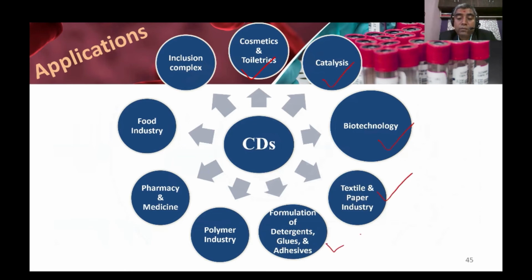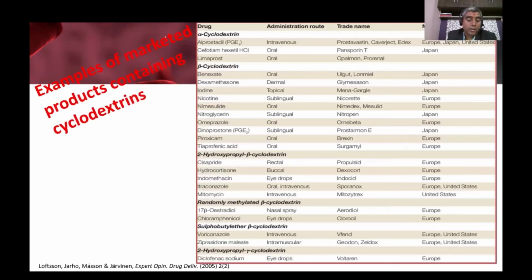It is used in formulation of detergents, glues, and adhesives. It is also used in the polymer industry. It is used in pharmacy and medicine. Cyclodextrin is also used in food industries, and the main importance of cyclodextrin application is that it can form inclusion complexes.